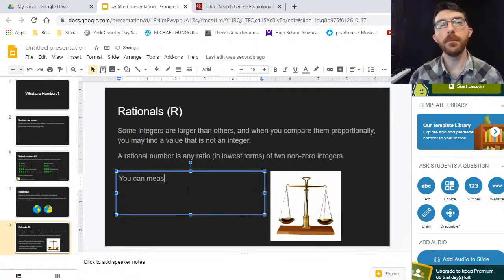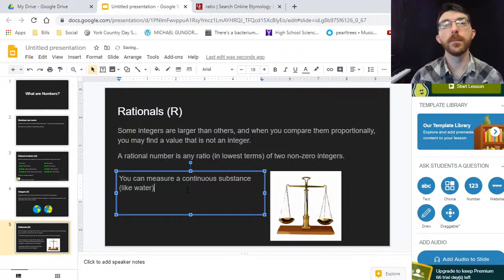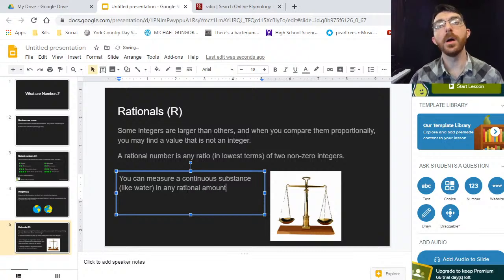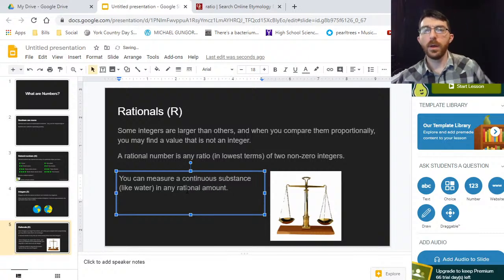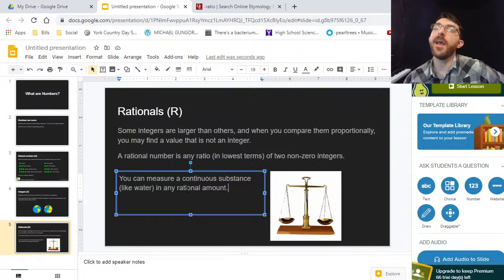You can measure a continuous substance, water, in any rational amount. Okay, hold on. I shouldn't say any rational amount, but maybe that any measurement of a continuous substance is rational.